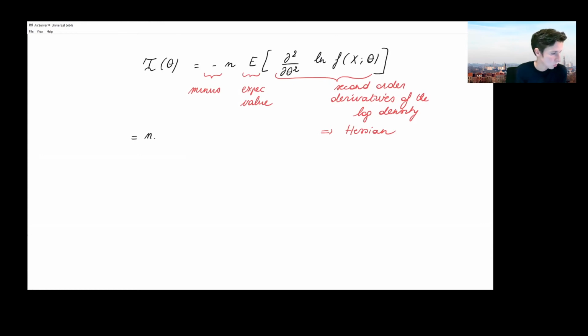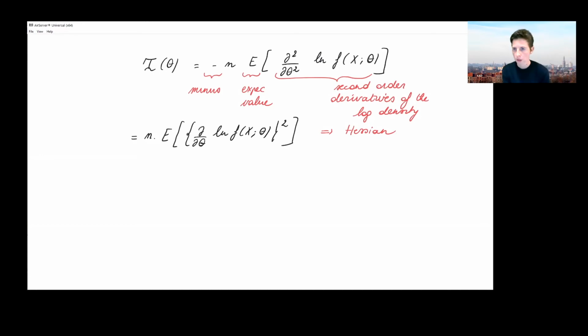So n times the expected value of the product of the derivative of the log density with itself, so to the power 2, right? So that's a property that you often see coming up.